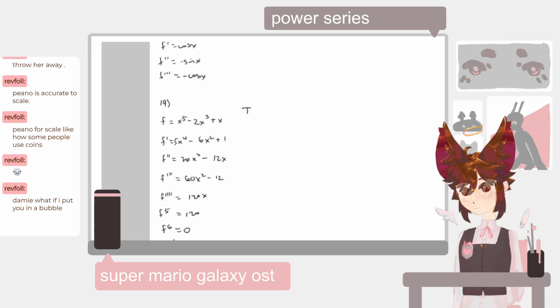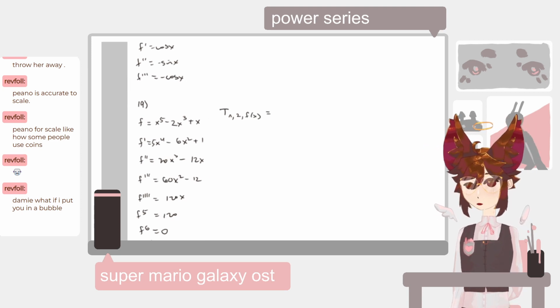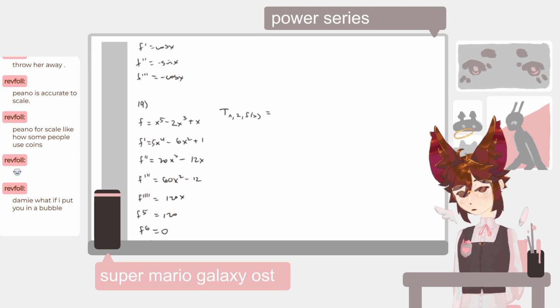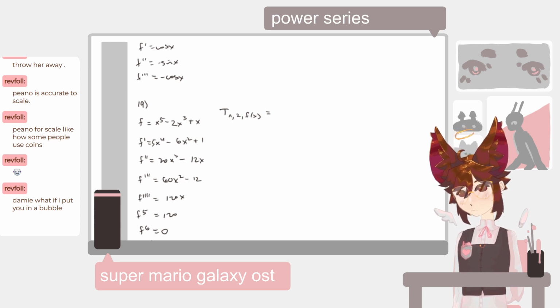So I don't have a calculator on me. 2 to the 5th minus 2 times 2 to the 3rd plus 2. 18? Is that right? No, it's not right. That's not 18.